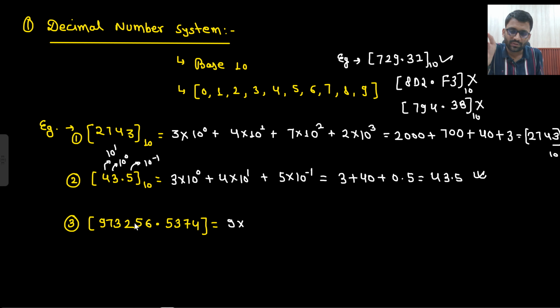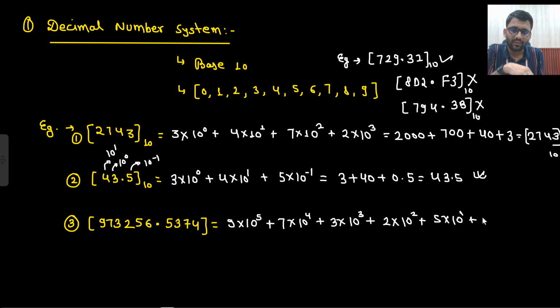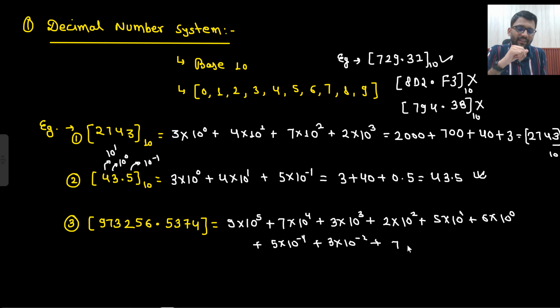So what would that be? 9 into 10 to the power 5 plus 7 into 10 to the power 4 plus 3 into 10 to the power 3 plus 2 into 10 to the power 2 plus 5 into 10 to the power 1 plus 6 into 10 to the power 0 plus 5 into 10 to the power minus 1 plus 3 into 10 to the power minus 2 plus 7 into 10 to the power minus 3 and plus 4 into 10 to the power minus 4.